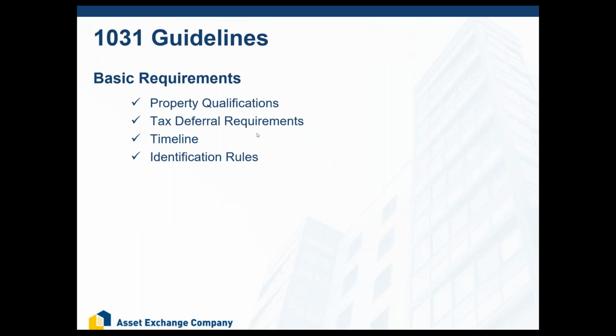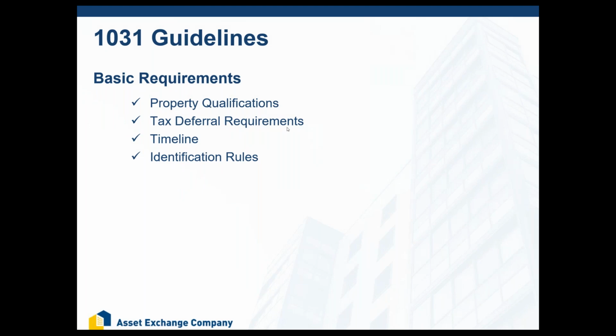So ladies and gentlemen, there you have it. It's really that simple. Your clients are going to sell a property and they're going to buy a new property. The properties must qualify. In order to defer all of their taxes, they need to reinvest all of their cash and purchase property equal or greater in value. You have 180 days to get your deal done, and you have to identify what you're thinking about buying on day 45.